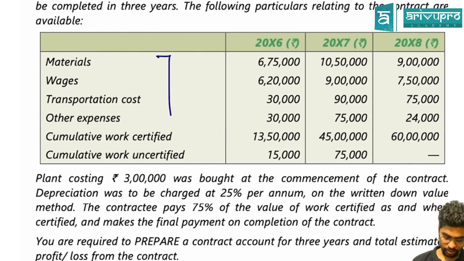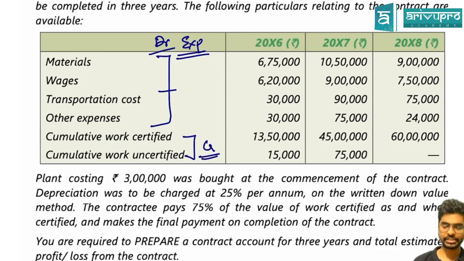Can I say all these four things are going to come on my debit side as expenses? Right? These two are going to come on the credit side. And we also know that the profit gets recognized only on the work certified portion. Yes or no?